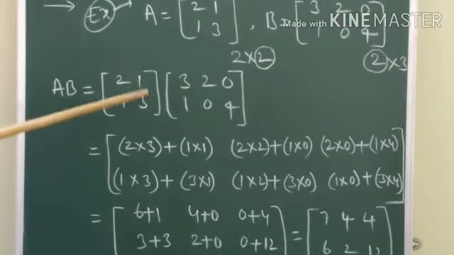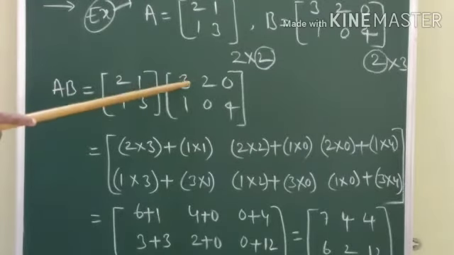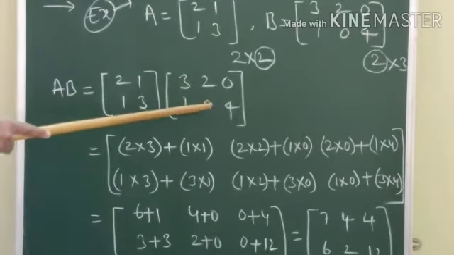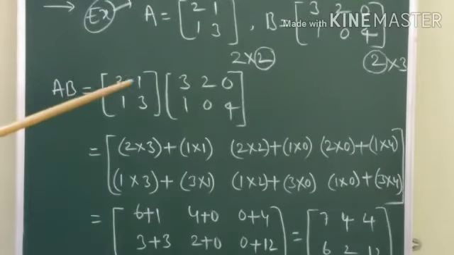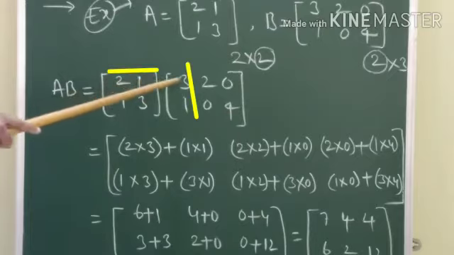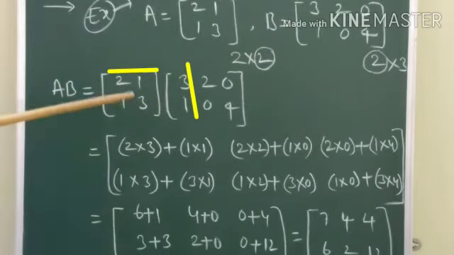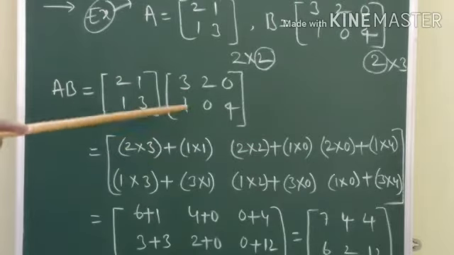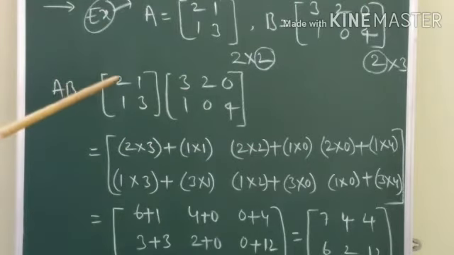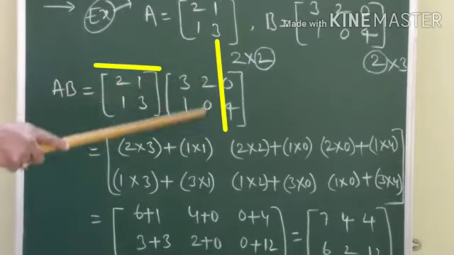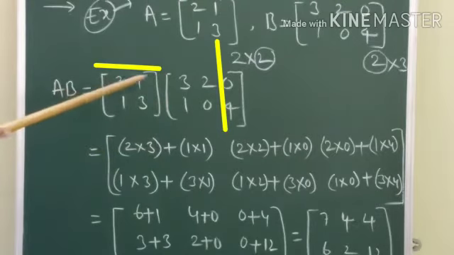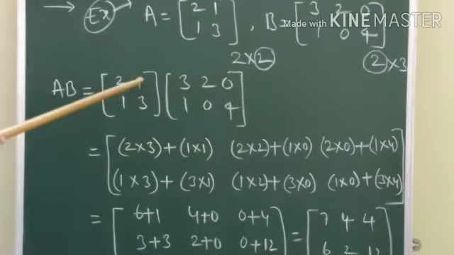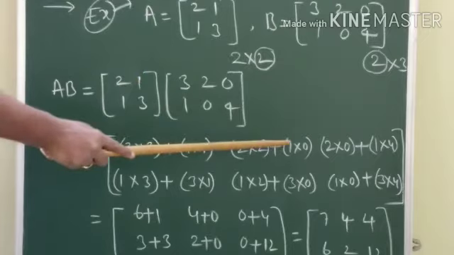Now let us see the multiplication of A and B. Write the two matrices, [2, 1; 1, 3] and the second matrix [3, 2, 0; 1, 0, 4]. First take first row, first column, that is 2 into 3 plus 1 into 1. Next, first row, second column, that is 2 into 2 plus 1 into 0.